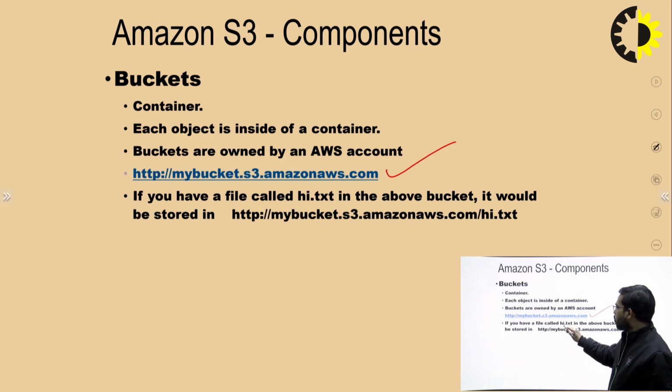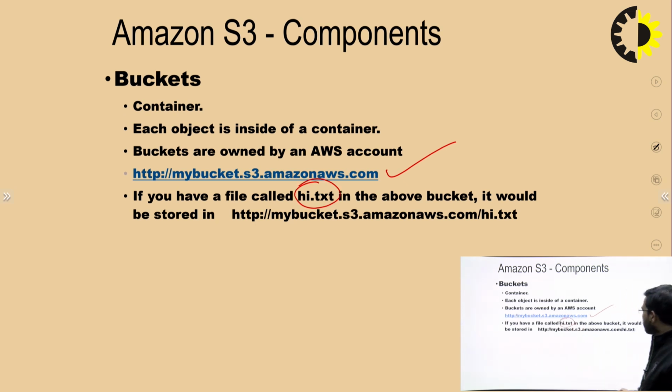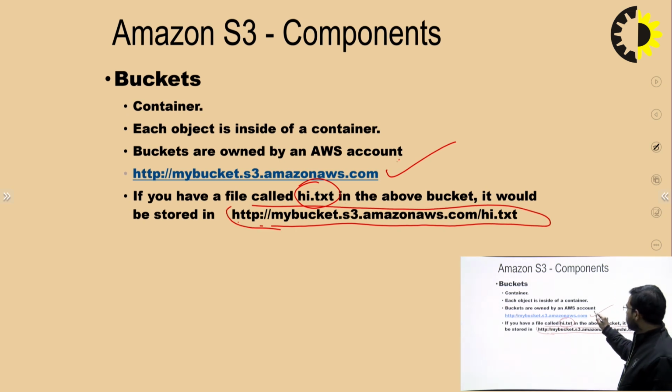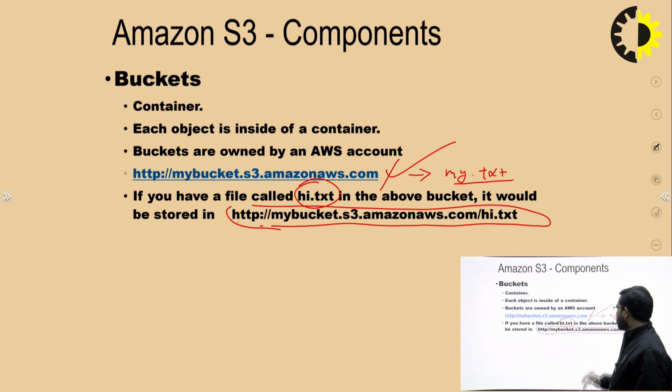If you have a file called hi.txt in the above bucket, it would be stored at mybucket.s3.amazonaws.com as hi.txt. So just put your file name in this place. For example, if your file is my.txt, just put my.txt after that link. So this is the address of your file.